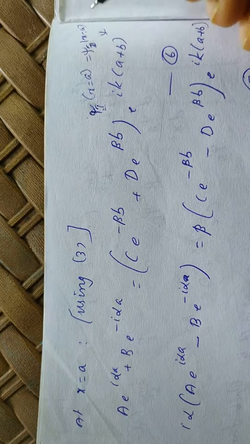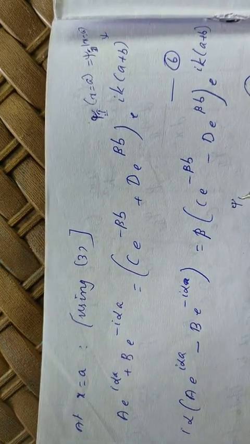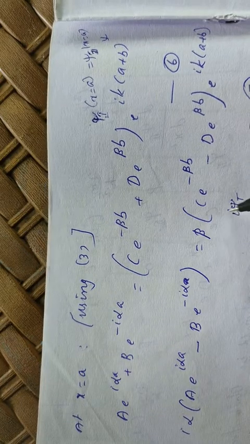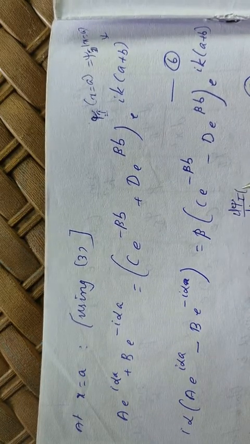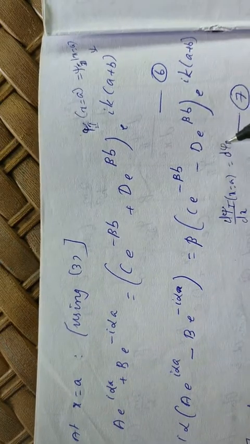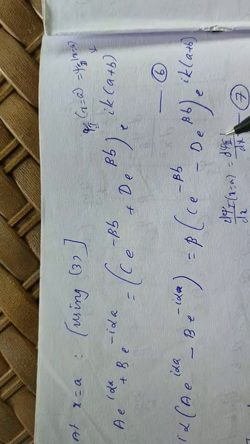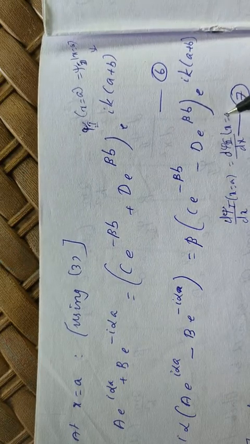This equation represents d psi 1 by dx at x is equal to a, and d psi 2 by dx at x is equal to a. These are these four equations.